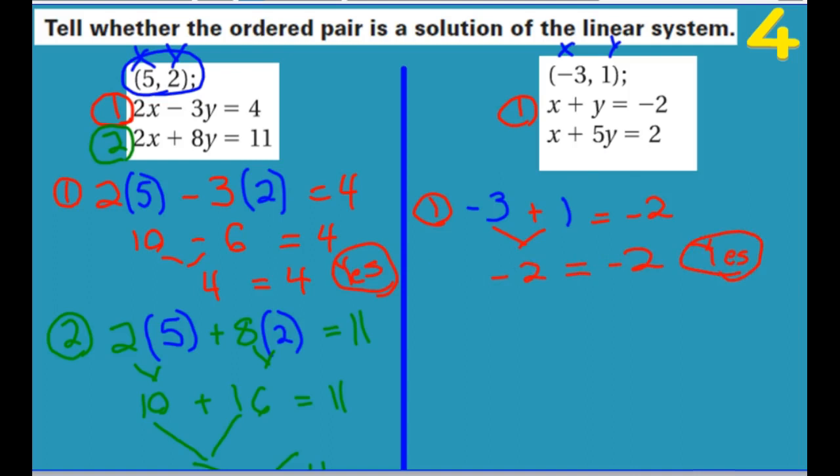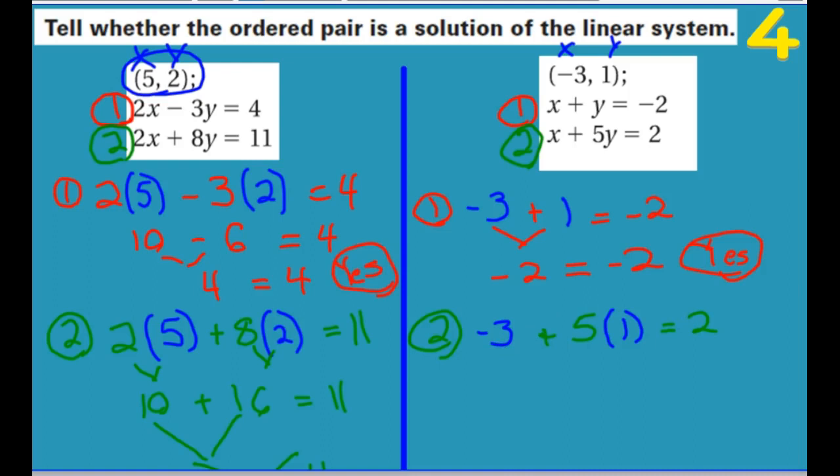Now our second equation, number 2, again we have x by itself and our x is -3, plus 5 times our y, and our y is 1, equals 2.